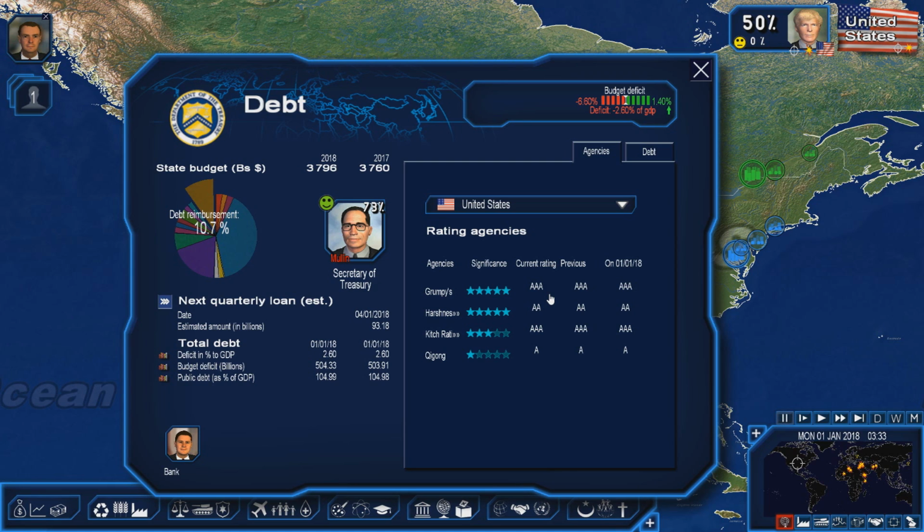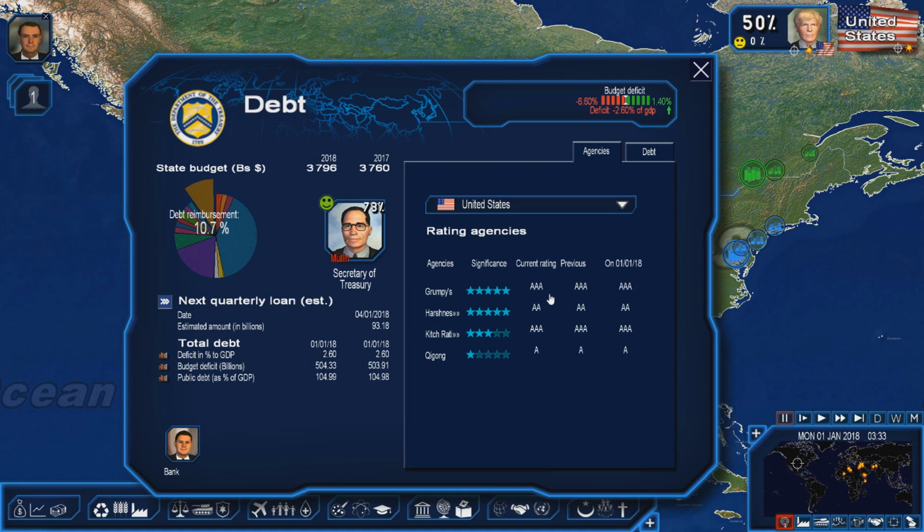There's the British one, and then there's a Chinese one. Moody's is basically looking at your growth rate, to see their credit toward you is actually how good your growth rate has been. Harshness and rules, there's no third factor. It's basically on your budget deficit and your debt.